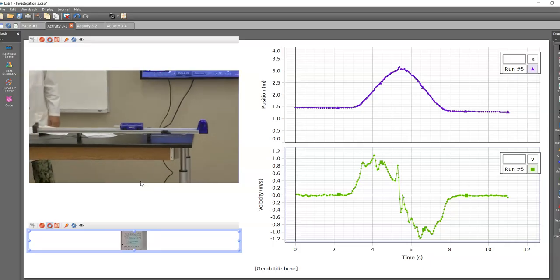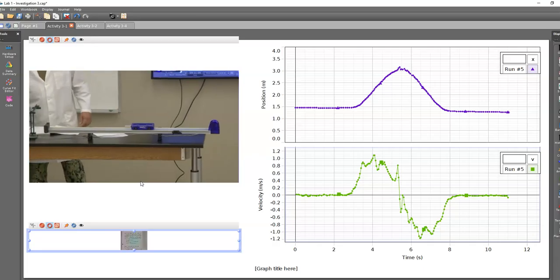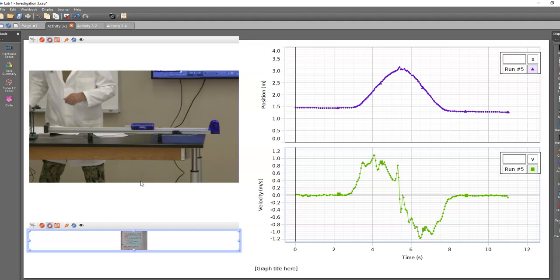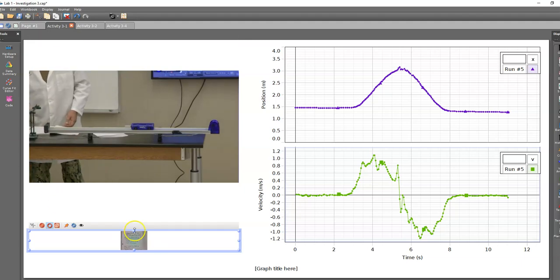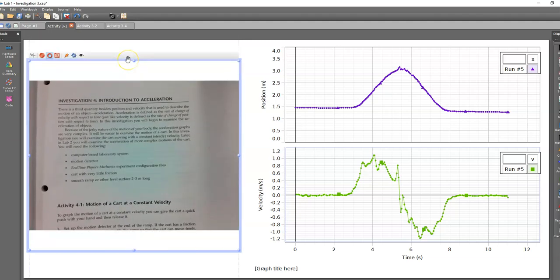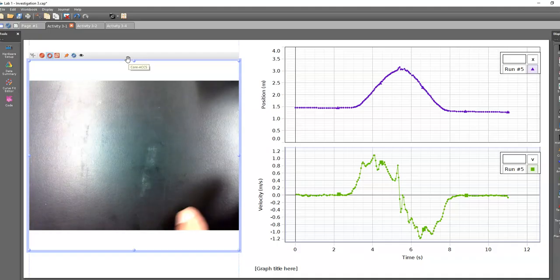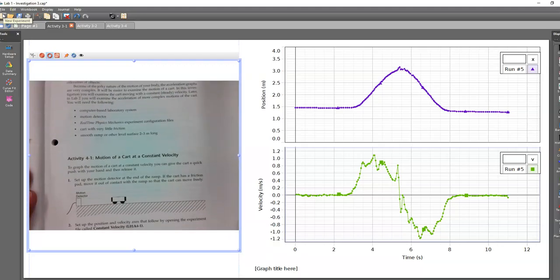Let's just do a little bit over here. All right, so now you can see this cart here is what's going to be moving. So what we're going to do is, I'm going to have a little tough time of this. Oh, wow, I didn't want to do that. Let's leave this here.